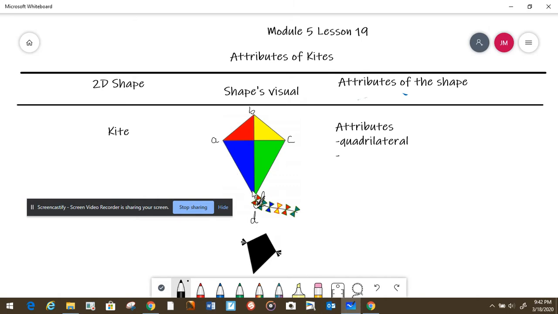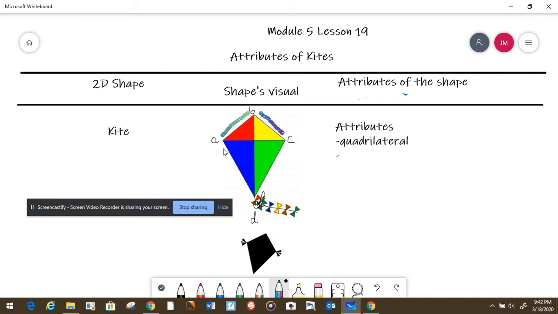Now, with that information, we know that segment AB is equal to segment BC. They are both the same. These two lines that are consecutive to each other, we say they're adjacent to each other. Adjacent means that they are next to each other and they have the same length. So that is one set.